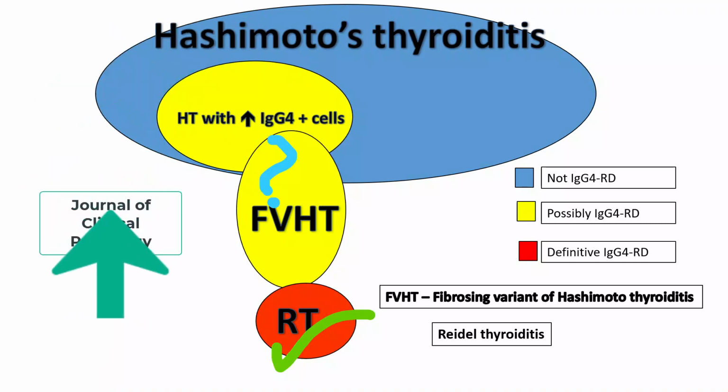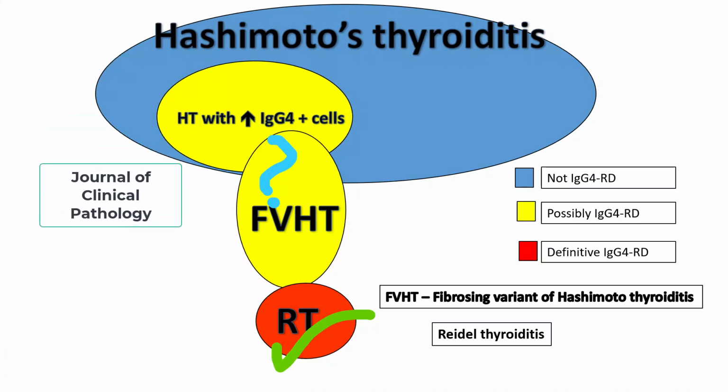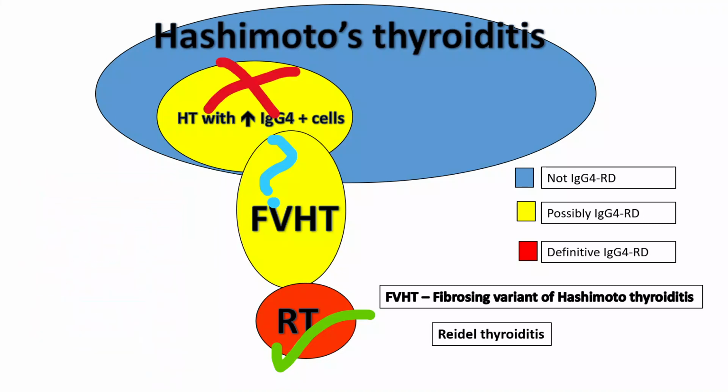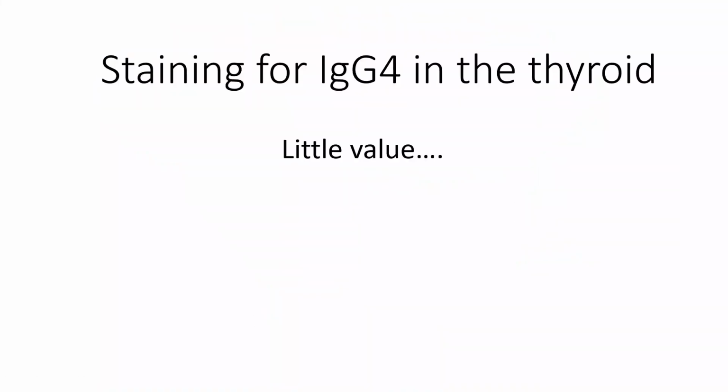By the way, to put a plug in for my journal, that paper was published in the Journal of Clinical Pathology, and I'm absolutely certain that Hashimoto's thyroiditis does not belong to the spectrum of IgG4 related disease, although you'll find some cases of Hashimoto's thyroiditis with increased IgG4 positive cells, and they behave in a somewhat different fashion, if you allow me to use the word rather loosely, in an aggressive fashion.